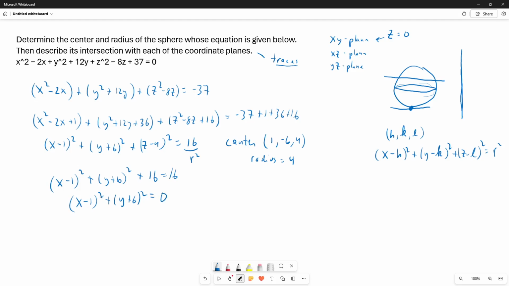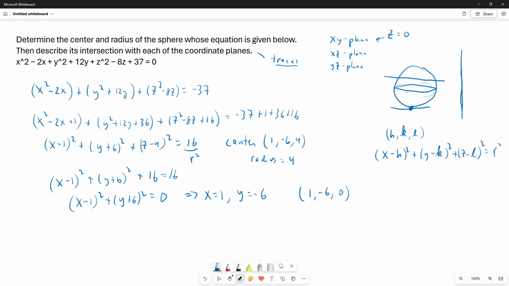So (x minus 1) squared plus (y plus 6) squared is equal to 0. That equation only has one solution in the xy plane: this quantity must be 0, and this quantity must be 0 since their sum is 0, and these two quantities being perfect squares are non-negative. So that means x has to equal 1, and y has to equal negative 6. And as we said, z was equal to 0. So the trace is simply the point 1, negative 6, 0.